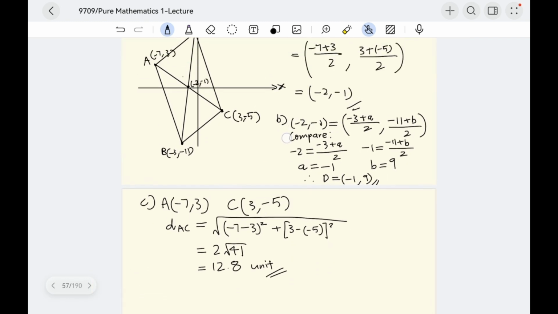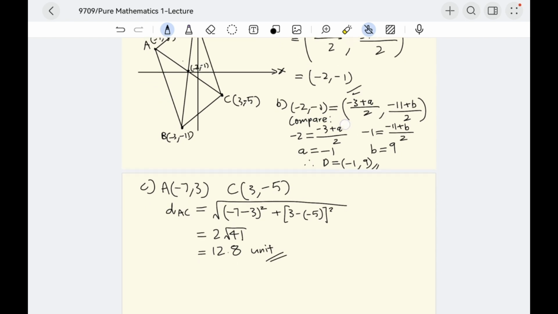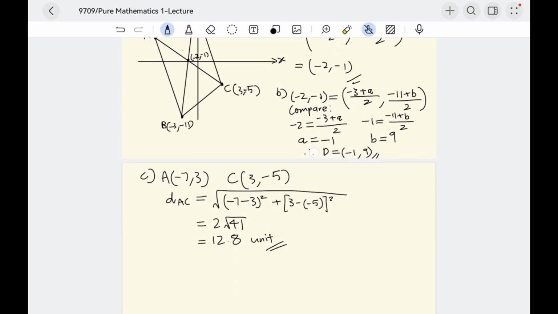And now let's find the other diagonal, BD. Okay, the distance of the diagonal BD. First, you just need to carry out the same procedure as the previous one. So in the parallelogram, there are two diagonals.